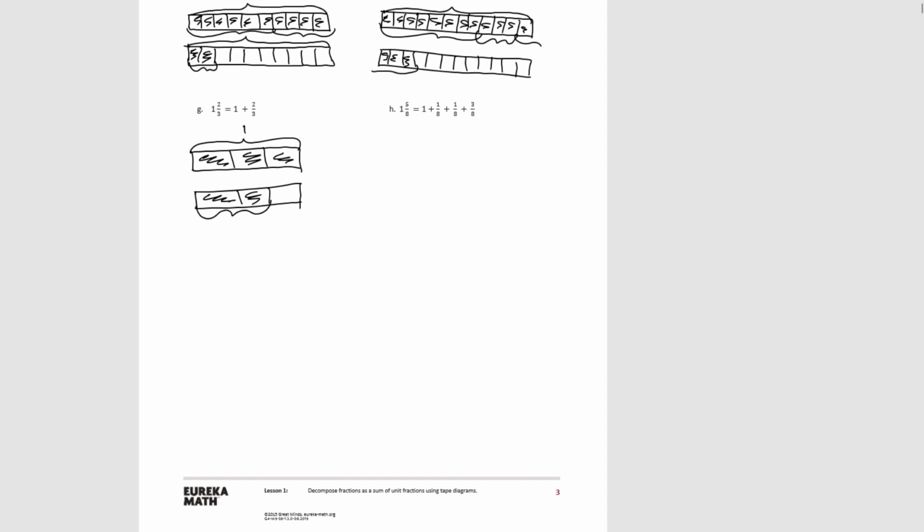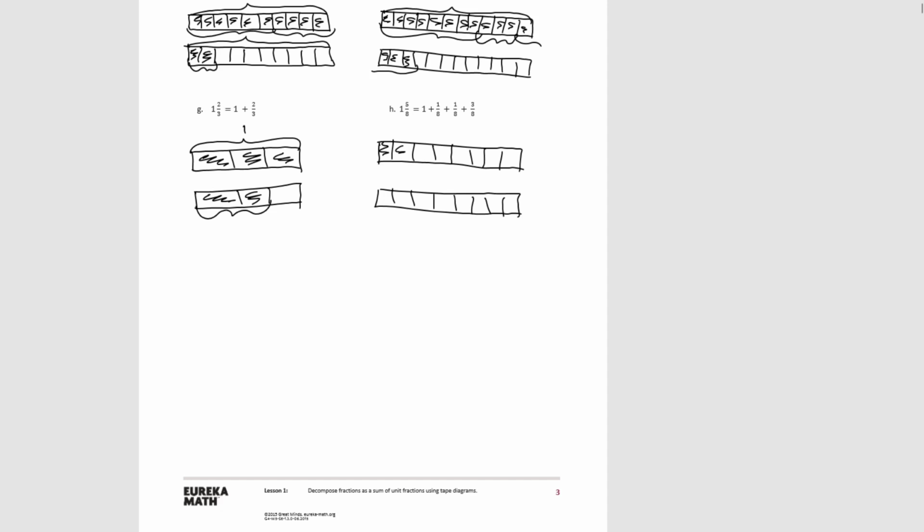Pause the video and try H. So for this one, our unit fraction is eighths. So there's 1, then we need a second one to show the 5/8. Same length, divided the same way.